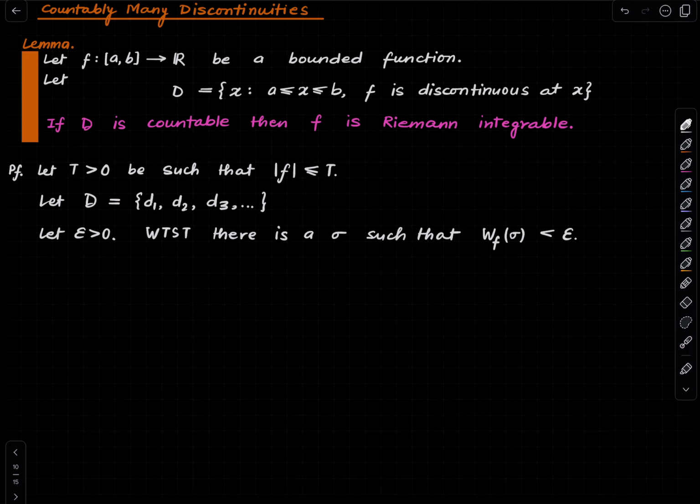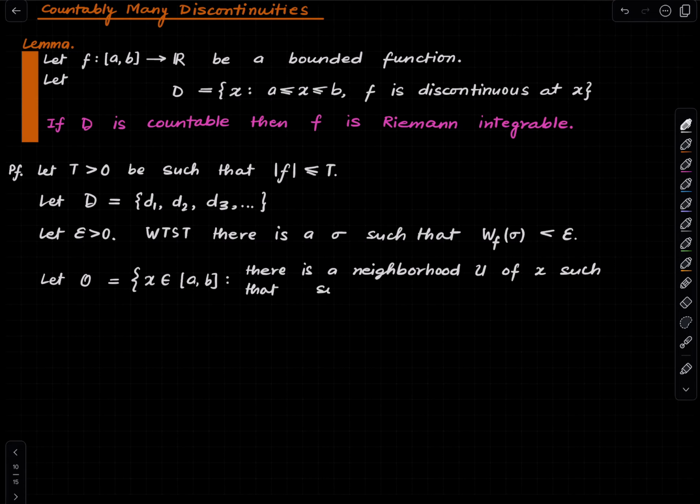So, let O be those points which are good in some sense. O is those points x for which there is a neighborhood u of x such that the function doesn't oscillate much in that neighborhood u.